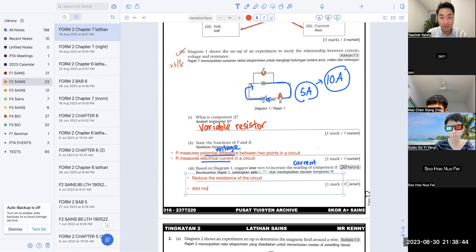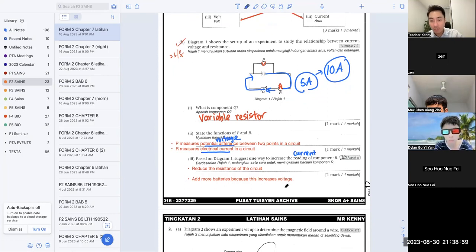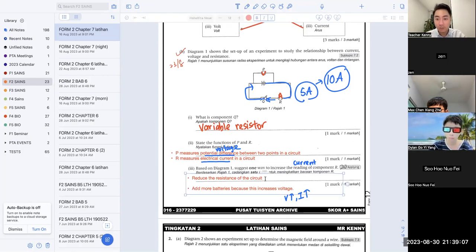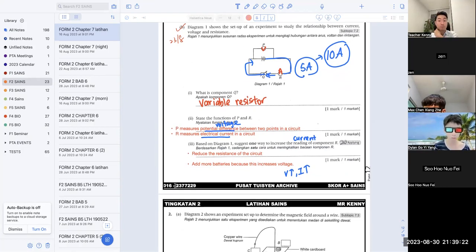Correct or not? Why? Because this increases voltage. And you learned before, when voltage is high, my current will also be higher. Good enough, this answer. So you've got two answers to choose from. All good?